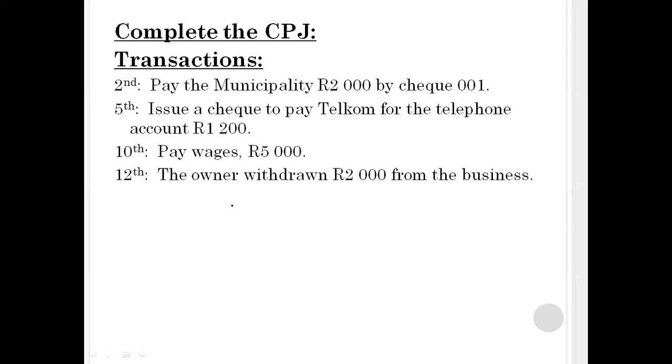You were supposed to have done it at the beginning of the year when you did the accounting concepts. So what do we call it when an owner takes things for himself, for his own personal use? I want you to hear these words: for his own personal use. That we call drawings.